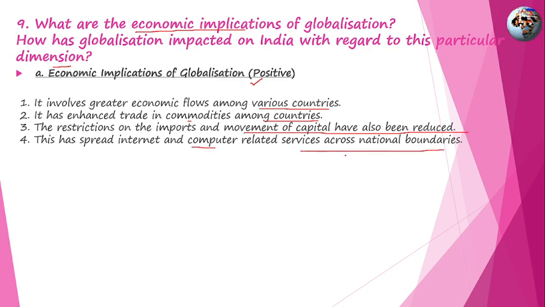With the help of technology there is hardly any restriction over the internet, because although some countries have barriers over technologies, in most countries we can access data of other countries, what is going on, what the policies are, everything, through the internet.